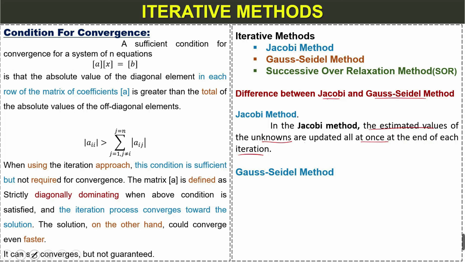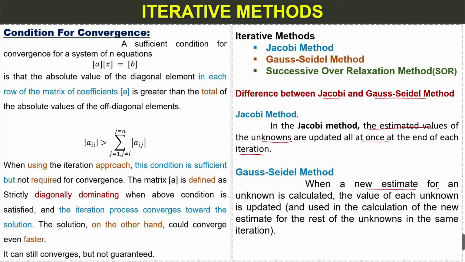But in the Gauss-Seidel method, when a new estimate for an unknown is calculated, its value is updated continuously within the same iteration and is used in the calculation of the new estimates for the rest of the unknowns in the same iteration. I will also explain this when we solve an example related to the Gauss-Seidel method.